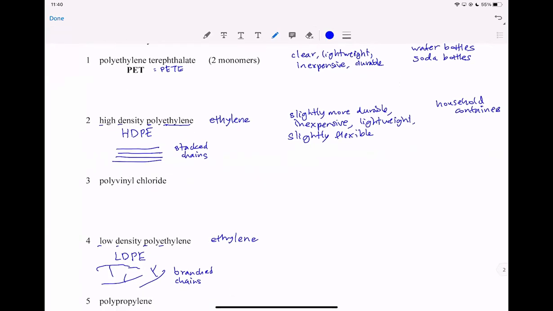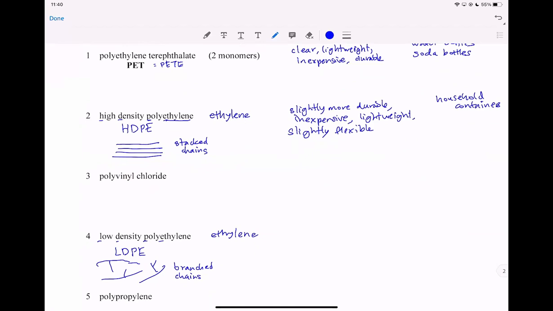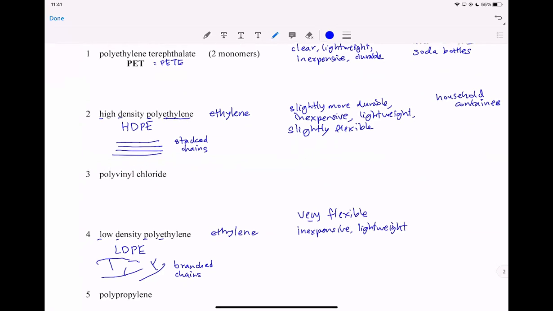And then this compares to number 4, which is low density polyethylene. So low density polyethylene is still inexpensive. It's still lightweight. But the number one thing about it, and I'll put this above, is that it is very flexible. And very flexible means that it is like saran wrap.